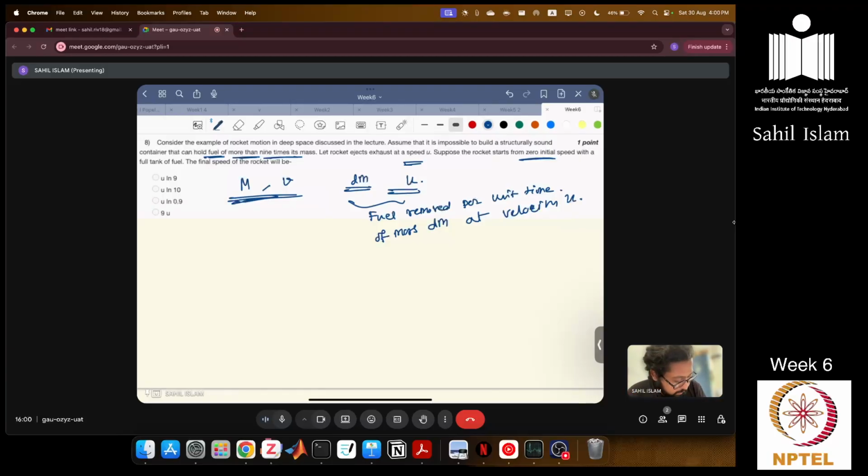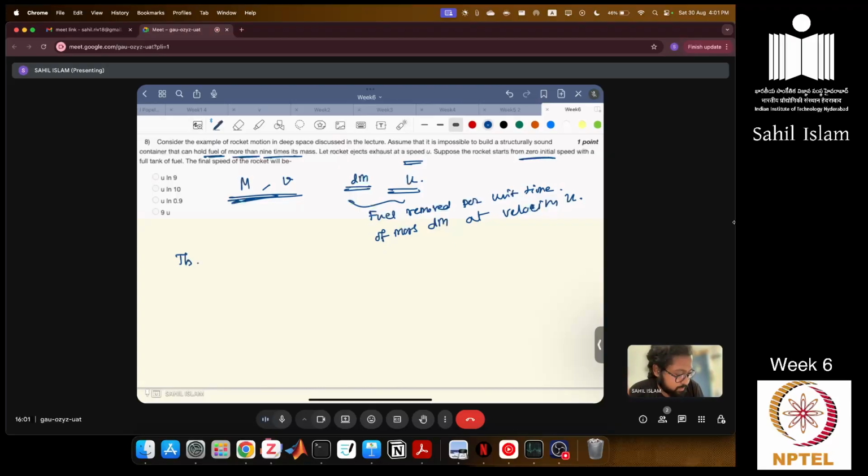So at any given unit time, the momentum of the whole system is mv, which should equal the momentum of the rocket plus the momentum of the fuel that is ejected. Whenever the fuel is ejected, the velocity of the rocket will increase a little bit.